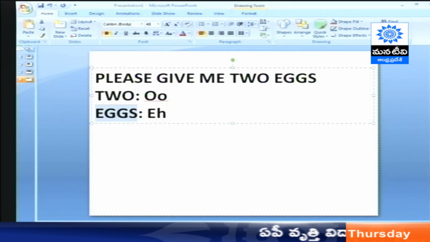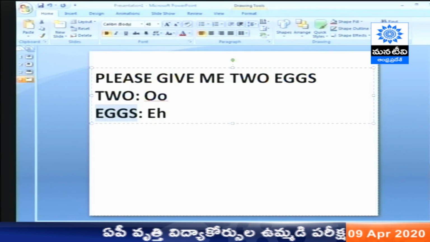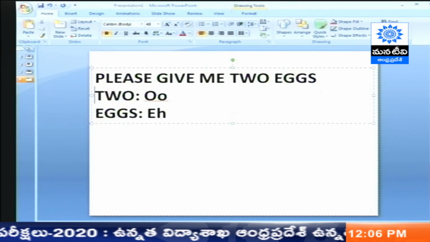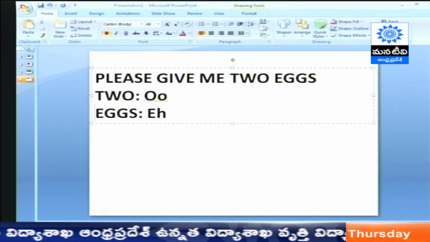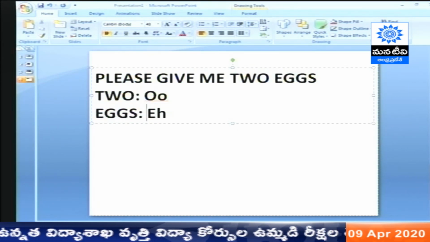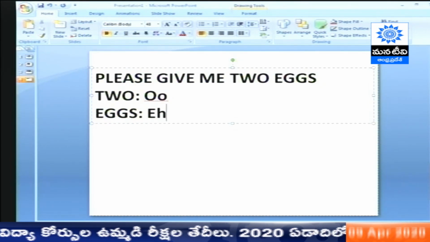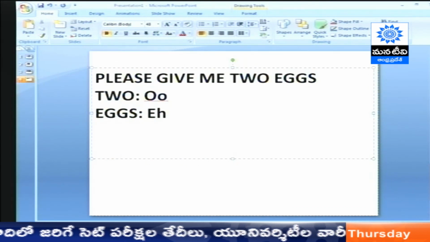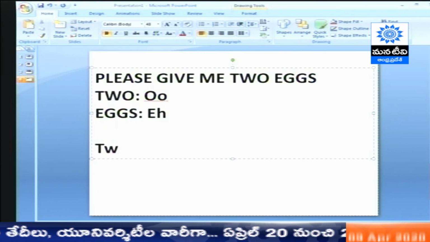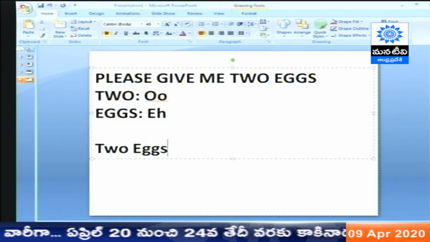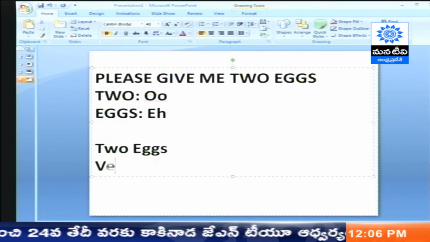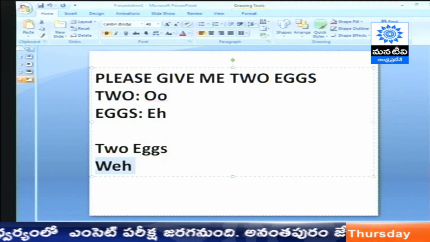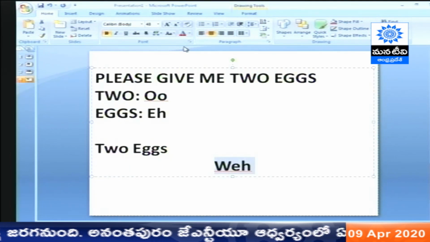This word is starting with a vowel sound. So when you have 2 words next to each other, one ending with a vowel sound, another one starting with a vowel sound, you can combine or link these 2 sounds together. Okay? For example, if I have the words two eggs, I can just use this particular sound.